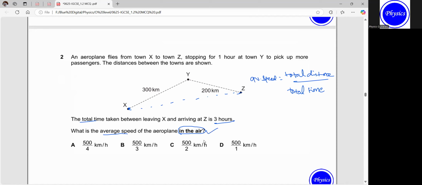It took 1 hour to stop. So out of 3 hours, 3 minus 1 is 2 hours. So the time taken by the plane to fly from X to Y and Y to Z is totally 2 hours. The total distance covered is 300 plus 200, which is 500, divided by only 2 hours. 500 kilometers divided by 2 hours. So it's going to be C.